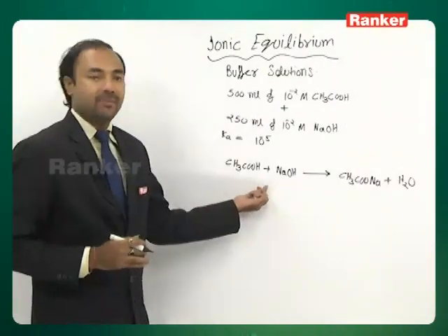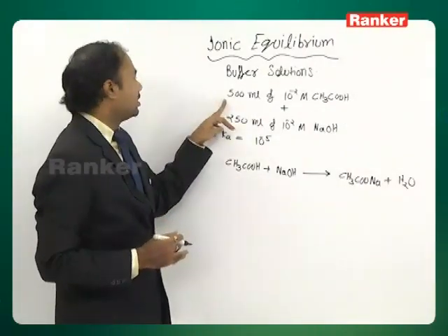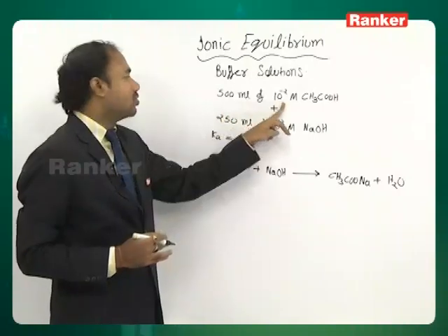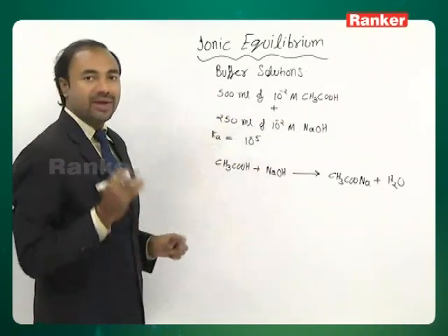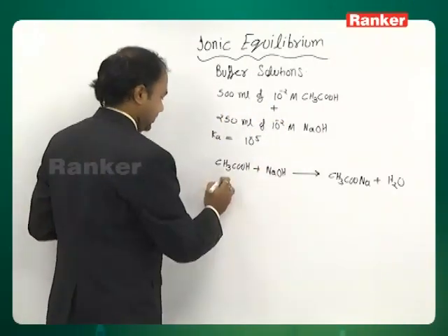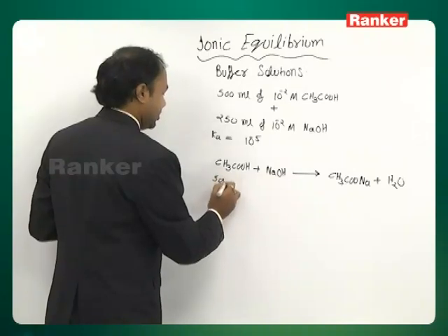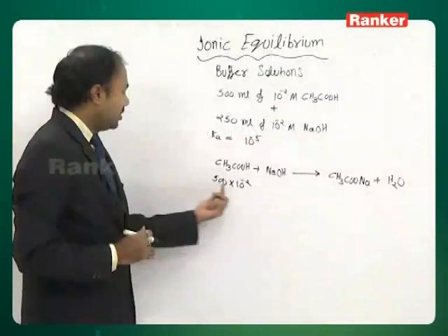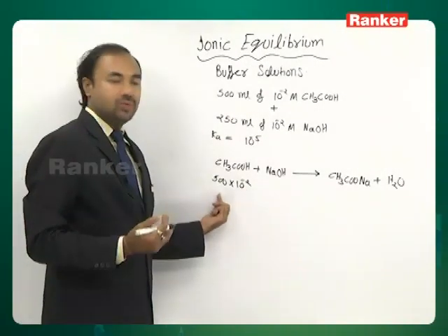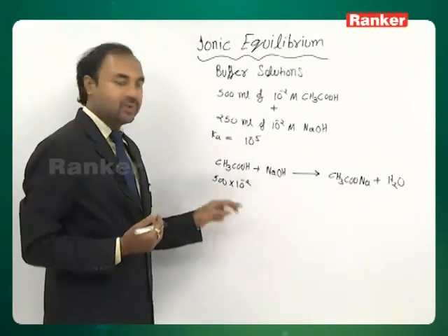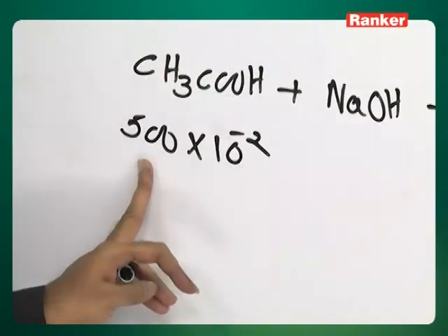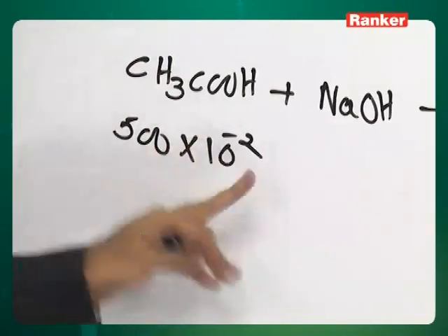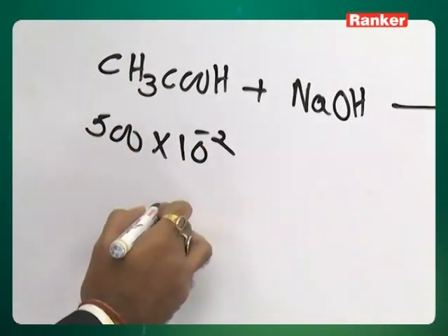Now we calculate the number of millimoles or moles. This is 500 ml, 10 to minus 2 molar. You multiply both of them, we get millimoles of acetic acid, which will be 500 into 10 to power minus 2, right? Molarity into volume gives you number of moles, and if you take volume in milliliters, you get millimoles. So we get millimoles of acetic acid as 5.